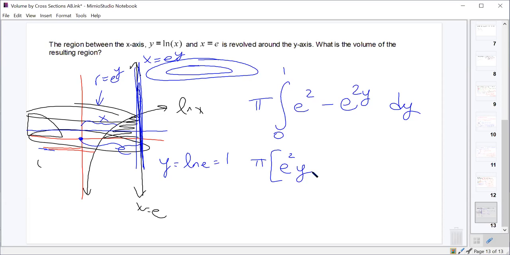You can use the u sub if you want and write it out, but then you have to separate the two limits. So if you can do the u sub in your head, that's really convenient here. What is the integral of e to the 2y? e to the 2y over 2.